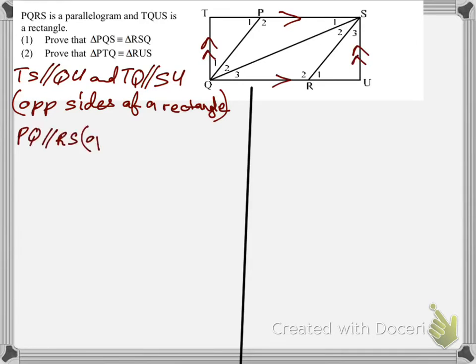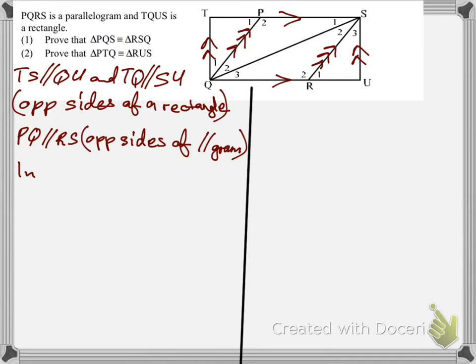And then we say PQ is parallel to RS. These are opposite sides of a parallelogram. Why? Because those are the opposite sides of a parallelogram PQRS.